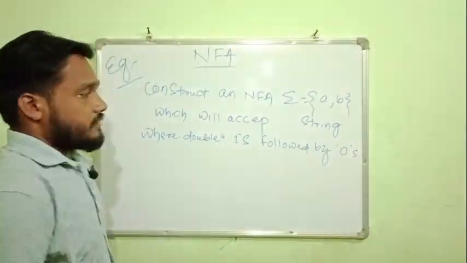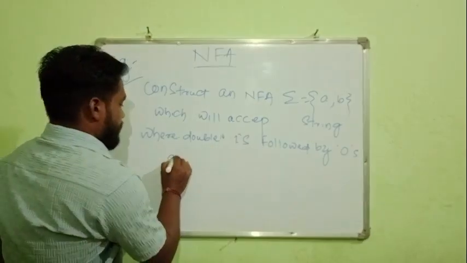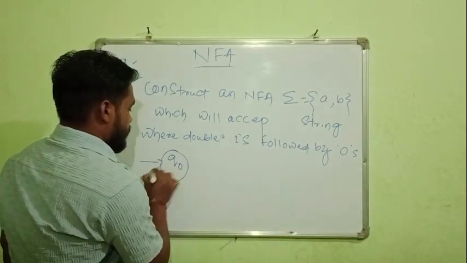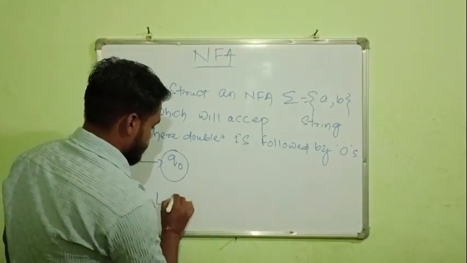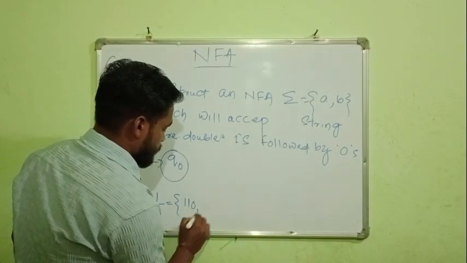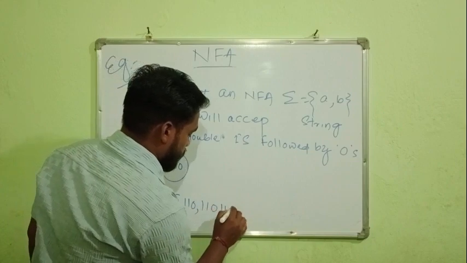So we will try to construct an NFA machine. The initial state will be Q0. First we will write the minimum string, 110.